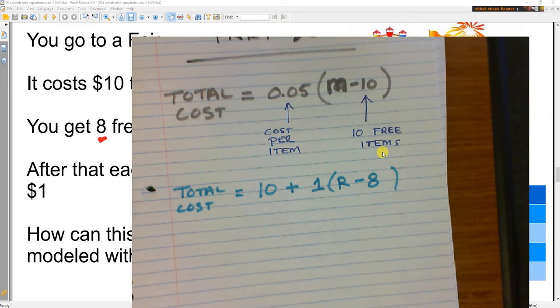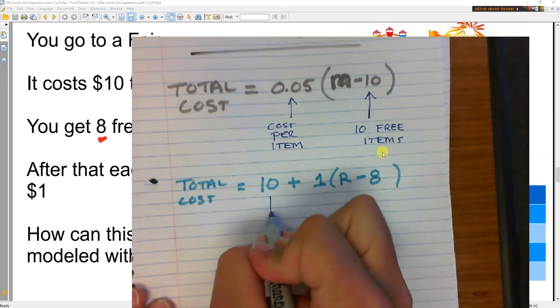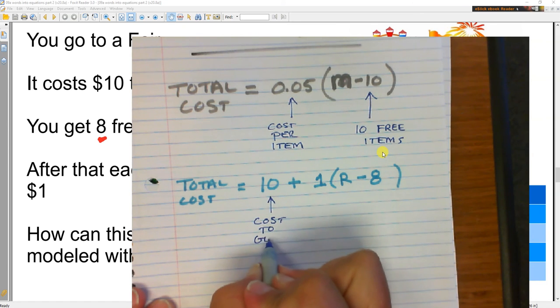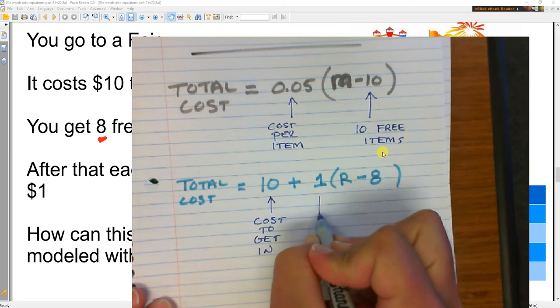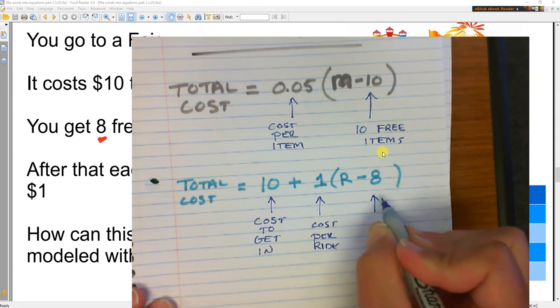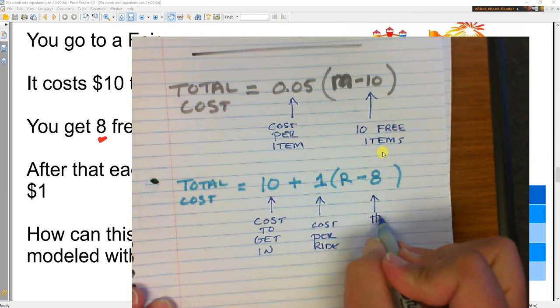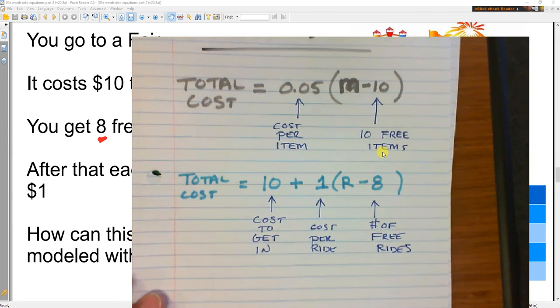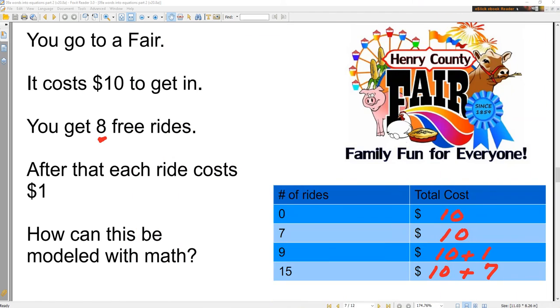So what we have here is cost to get in, cost per ride, and number of free rides. We'll call that good for the notes, but I think I have a couple more that I'll just do on the screen with you.